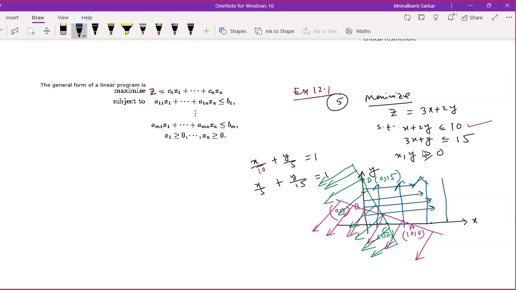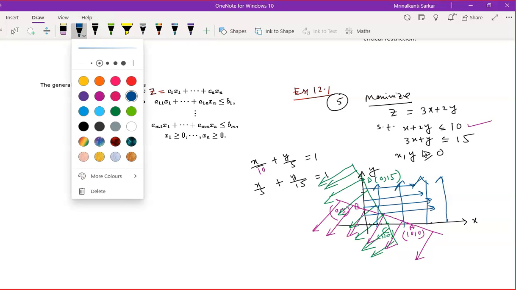Like this. So what is their common region there? The common region, you all can see, is the region bounded by the two lines given here, the pink one and the green one, with the x and y axis. So this is going to be our common region.